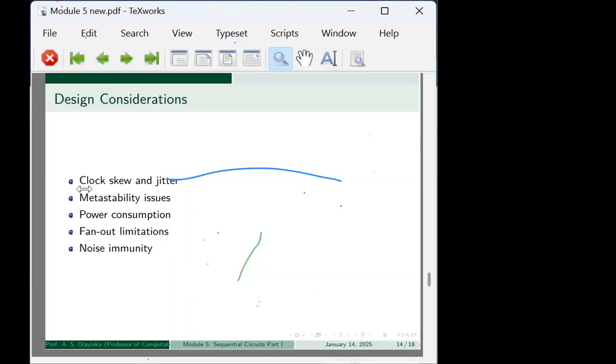Number one is the clock skew and jitter. The next one is the metastability issue. Then you have the power consumption. Then you have the fan out limitation. And lastly, you have the noise immunity. Now, by noise, what do we mean?